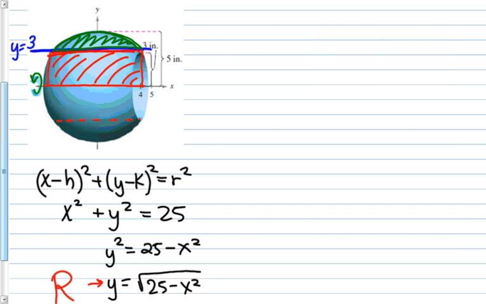Okay, so in order to find the volume, I need big R. We found big R. Big R represents this part right here. And we need little r. So little r is going to be this right here. Oh, that's y equals 3. So volume equals pi. We don't know our limits yet. From the picture, you can kind of tell, but we're going to actually verify it mathematically.